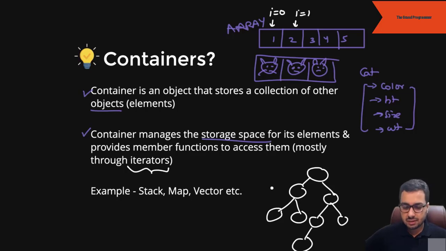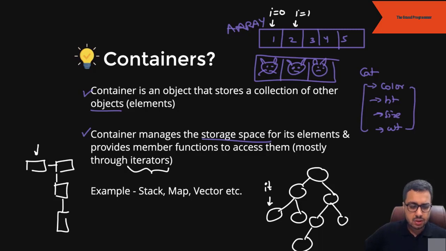What you will need is an iterator to iterate over the different nodes of the tree. Or if you have a hash map, or a container implemented using a linked list, then also you will need an iterator to iterate over the different nodes in that linked list. So iterators allow you to iterate over the different nodes that are there inside the container.